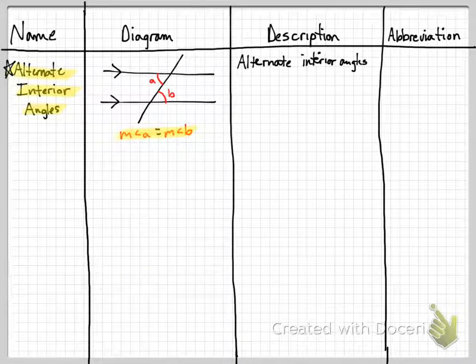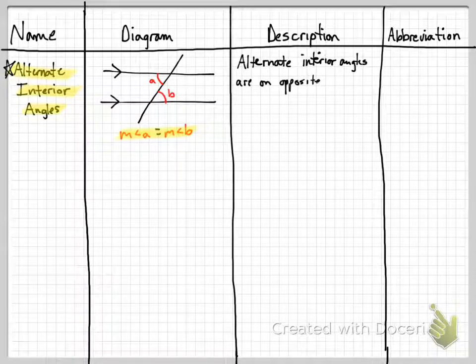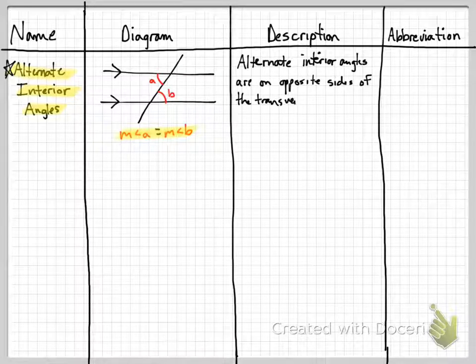They are on opposite sides of the transversal, which is why they're sometimes called opposite interior. But they're on opposite sides of the transversal, and on the interior of the parallel lines.